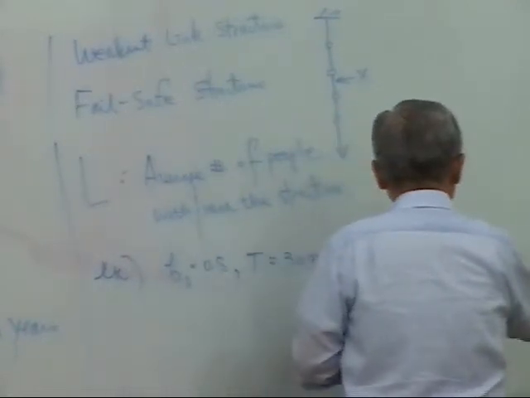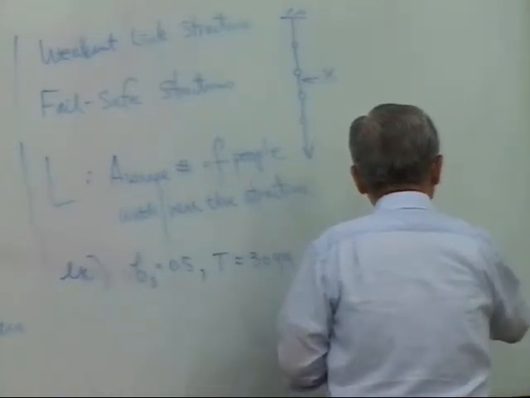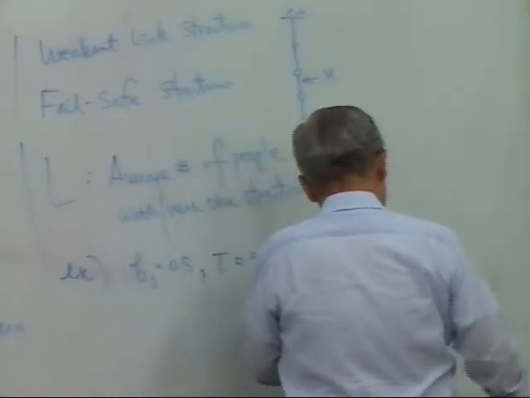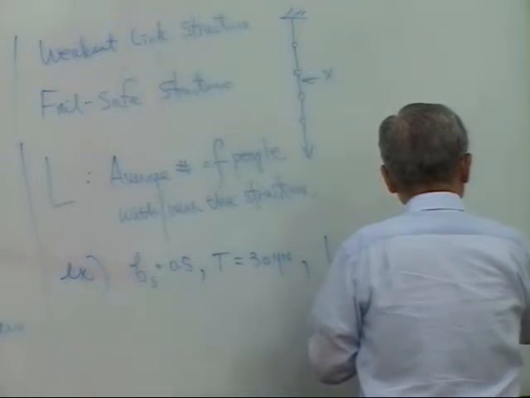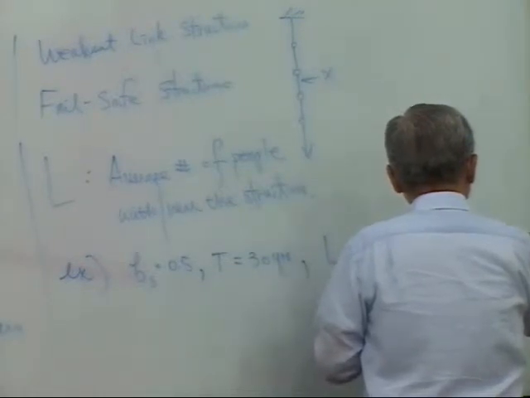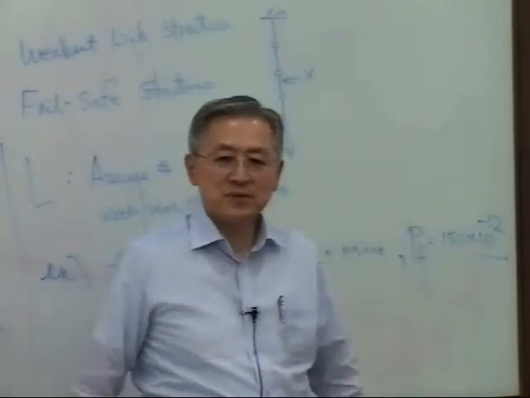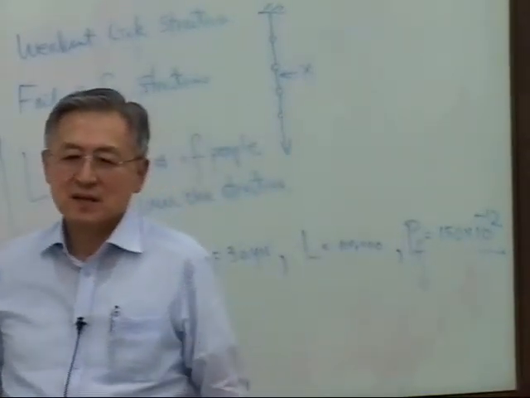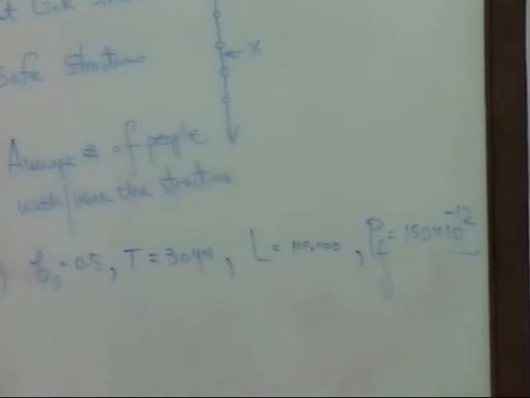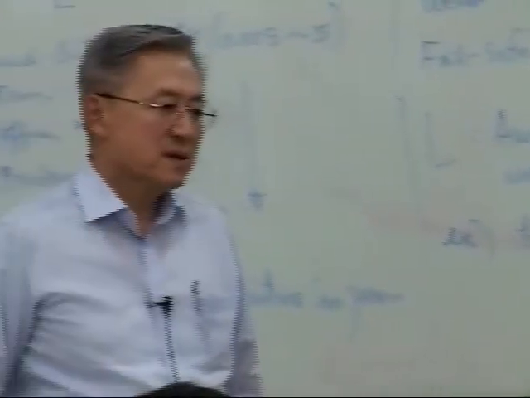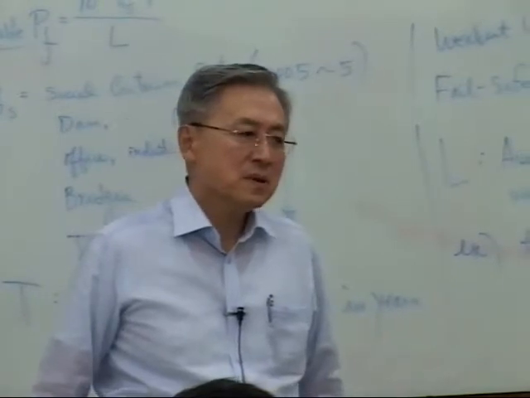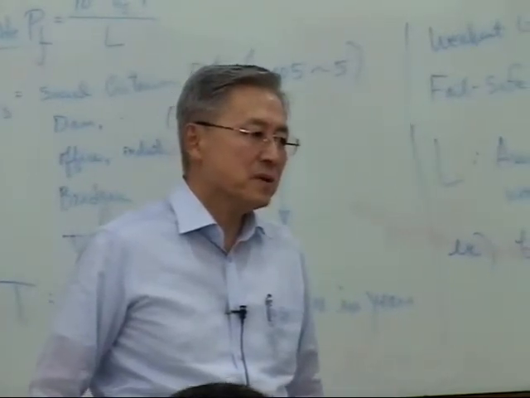Then you can compute the tolerable PF, which is something like 150 times 10 to the minus 12 when I compute that. What does it mean? 10 to the minus 12 multiplied by 150. That's the tolerable probability of failure.